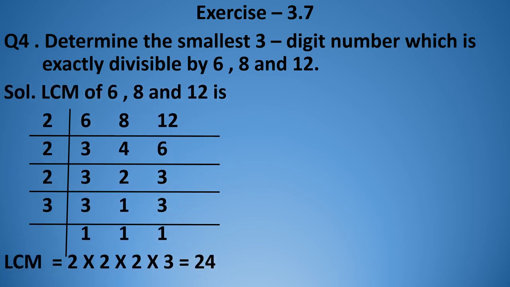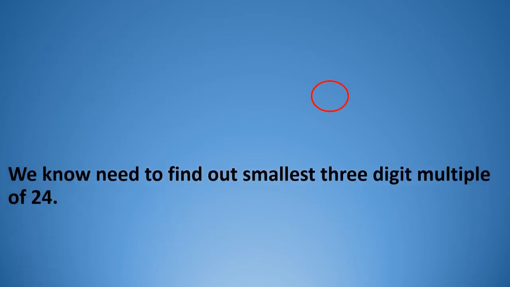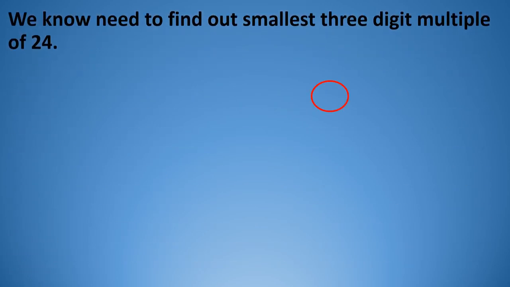By the long division method, I have found the LCM of 6, 8 and 12, which is equal to 24. Now see, 24 is not a 3-digit number. We have to find out the smallest 3-digit number. So we need to find out the multiples of 24 till we get the smallest 3-digit number.